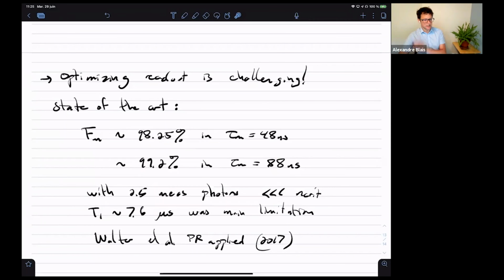So this is not something which is trivial to do, but again, can be optimized. I'm done with talking about dispersive readout. I'm happy to take any questions or start something else. Or it's time to take a break.